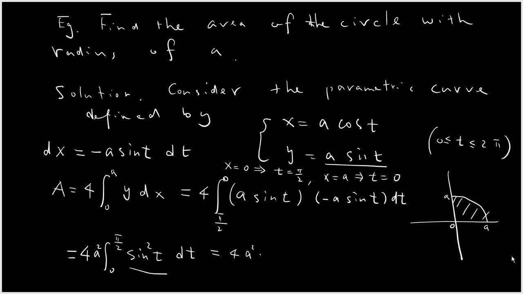You use the identity that sine of t, the whole thing squared, is equal to half of 1 minus cos of 2t, and then the integral is taken when t is from 0 to half pi. I'll stop here.